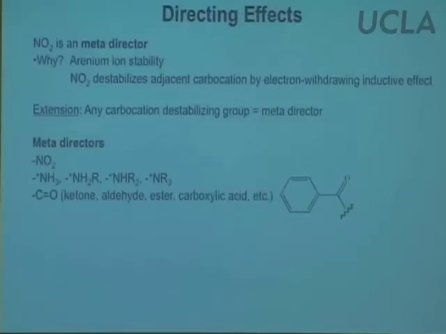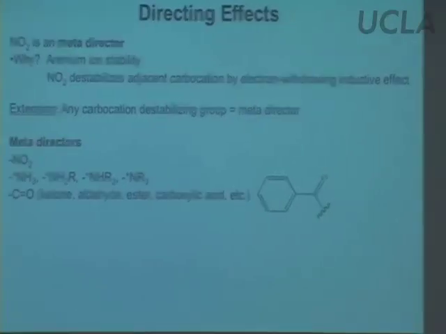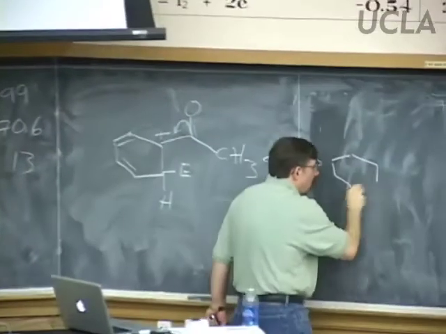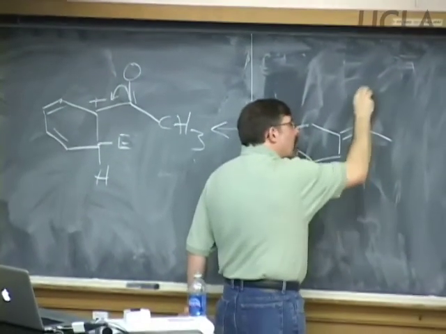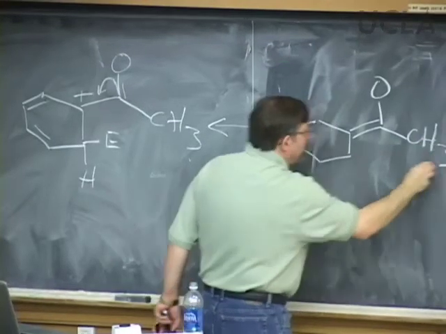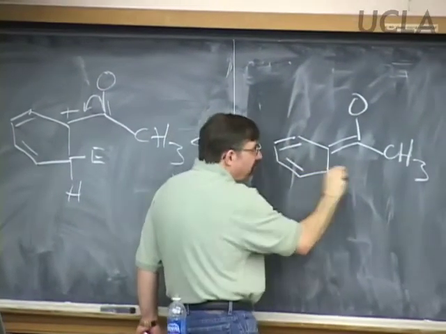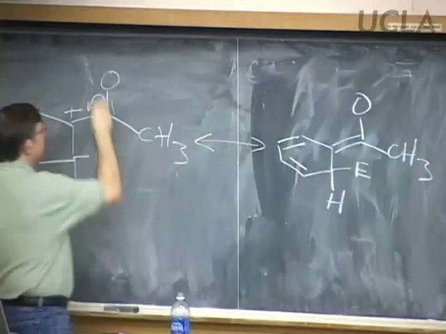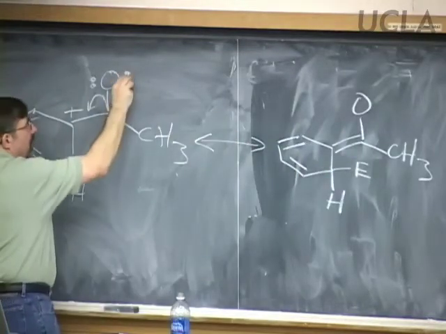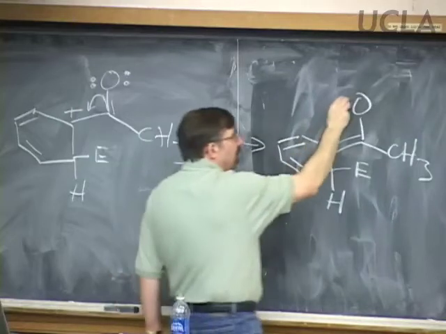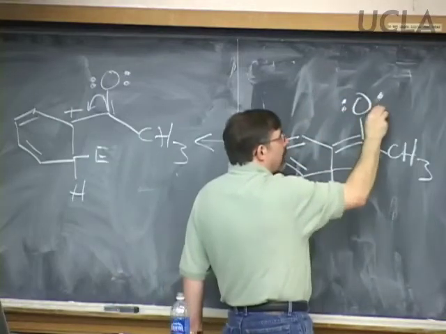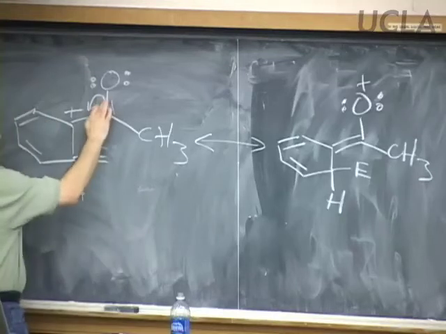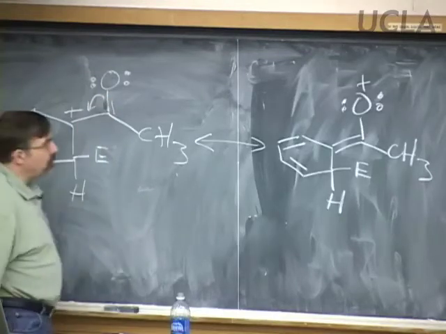We can draw a resonance contributor in which the carbonyl pi bond electrons are moved down to satisfy the positive charge on the carbon. But what does that leave? Well, we had two lone pairs to begin with. We still have two lone pairs, but now a positive charge on the oxygen. So I took the electrons from the pi bond and folded those down.